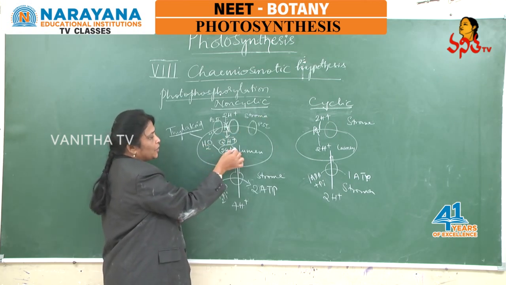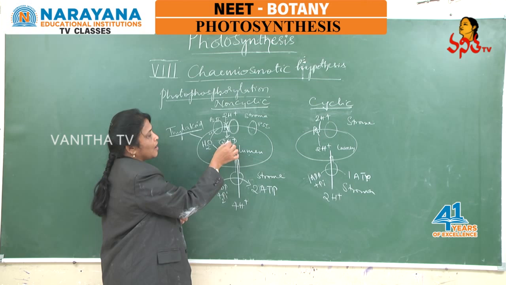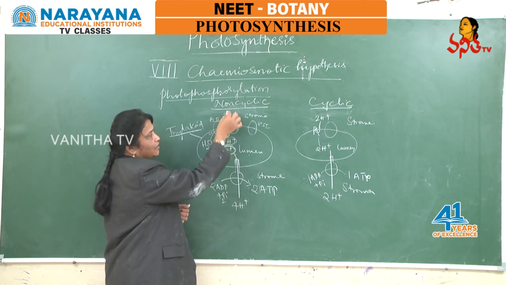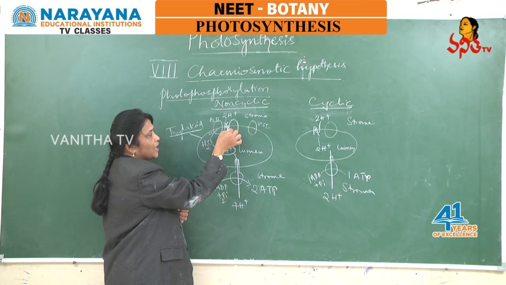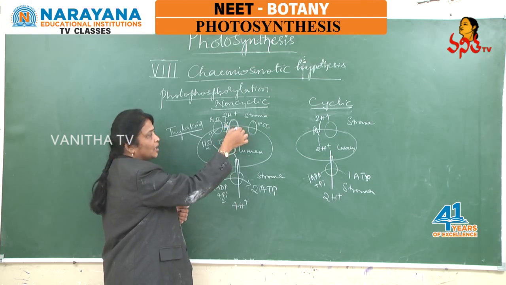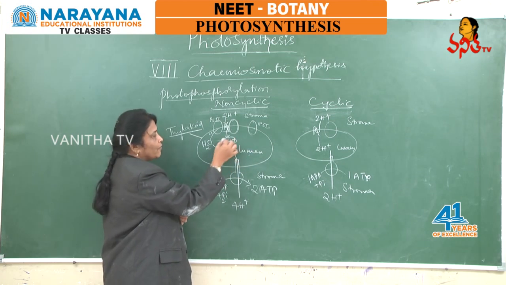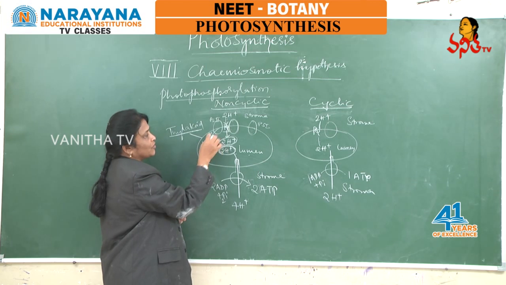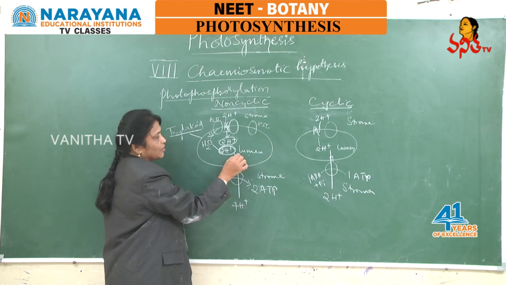Meanwhile, 2 protons from the water molecule are directly added to the lumen by photolysis of water, and 2 more protons are translocated from stroma into lumen by the involvement of plastoquinone and the cytochrome complex. Plastoquinone actively takes up those protons, but the cytochrome complex does not take or receive protons and leaves the protons into the lumen, so that for a pair of electrons involved in non-cyclic electron transport, 4 protons are added to the lumen.